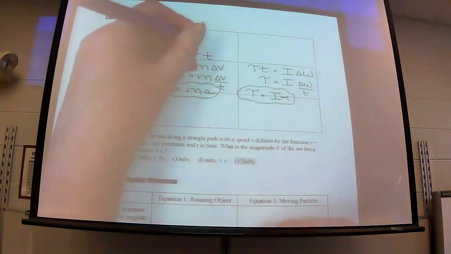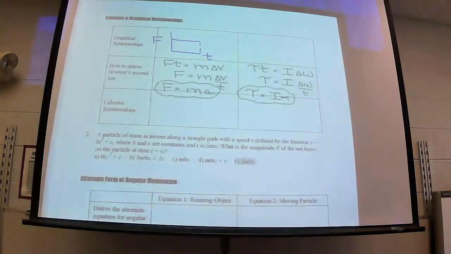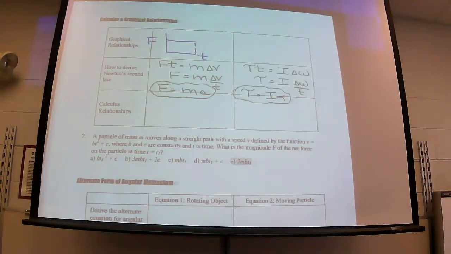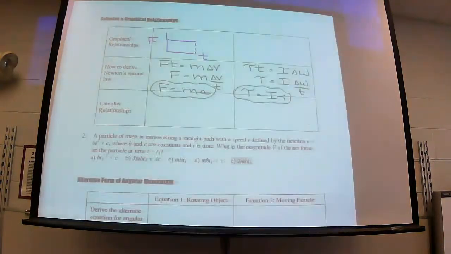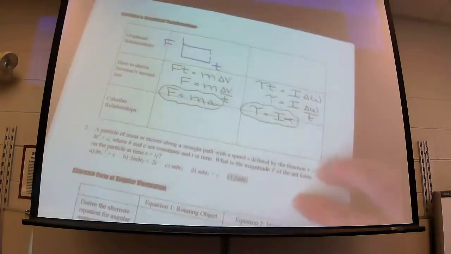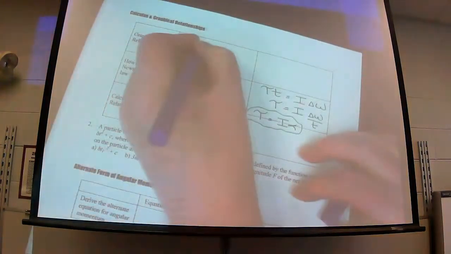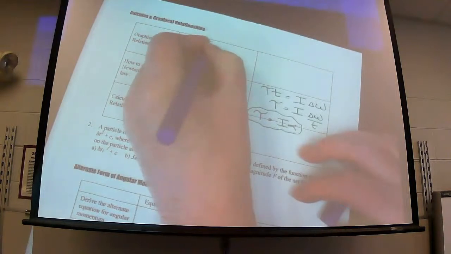What does the area under this curve stand for? How would you find the area under the curve? Length times width, F times t. F times t is impulse. So I'm going to write down area equals impulse.